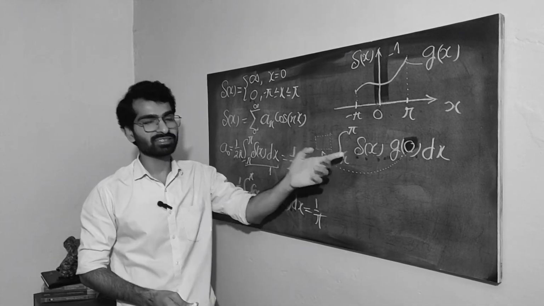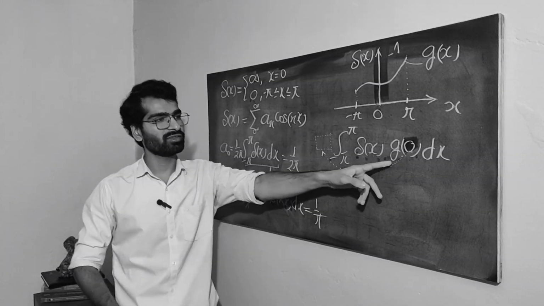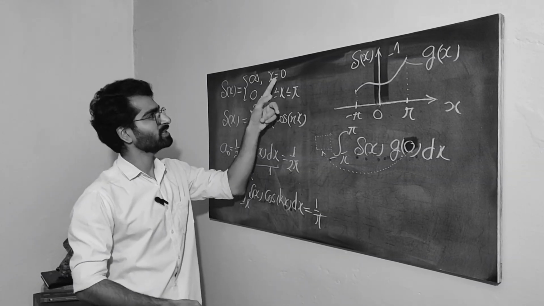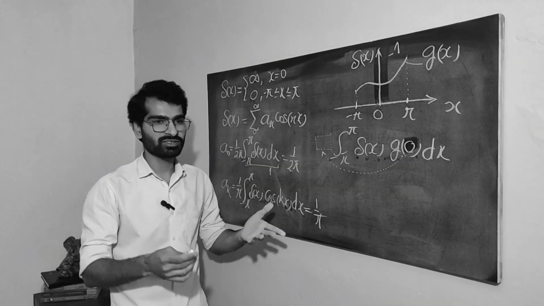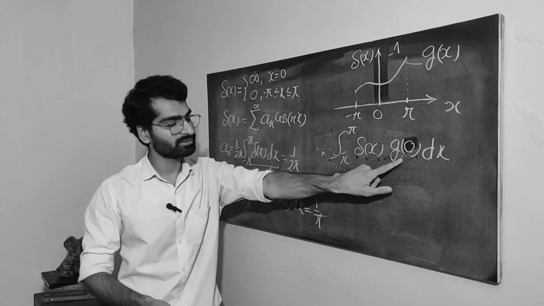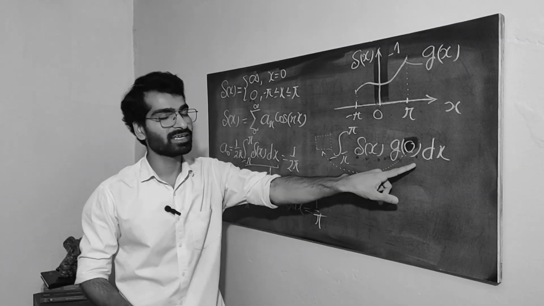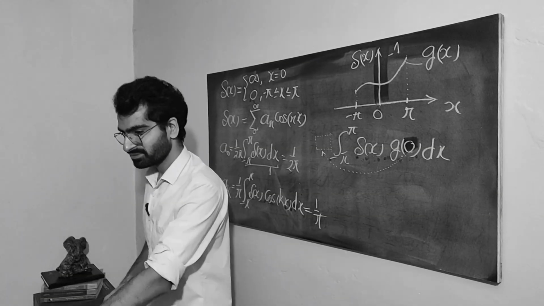Because the delta function has already killed all the other values of this ordinary function because it was giving you 0. But right at this spike, this value is going to survive, because this integral will give you 1, because that's the property of the delta function.